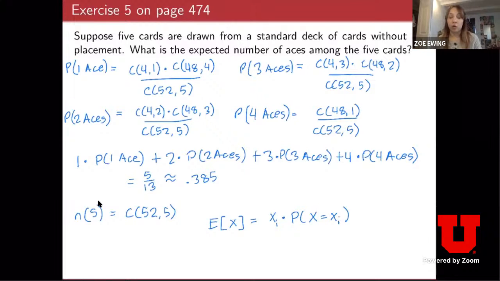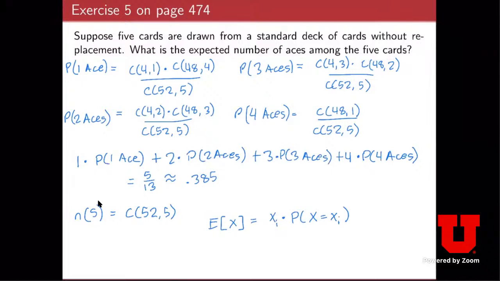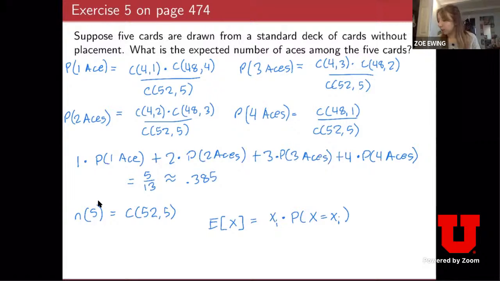But if you don't have time, you're probably better off leaving it in this form. Okay. Are there any questions on that? Okay, let's move on to the next problem.